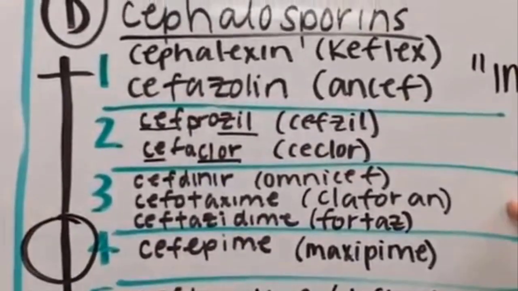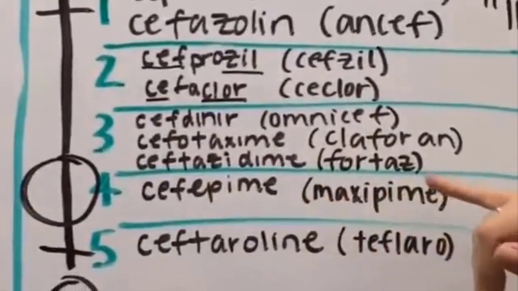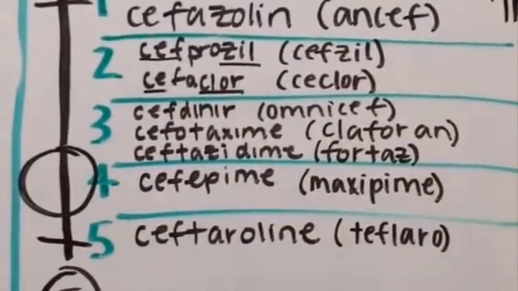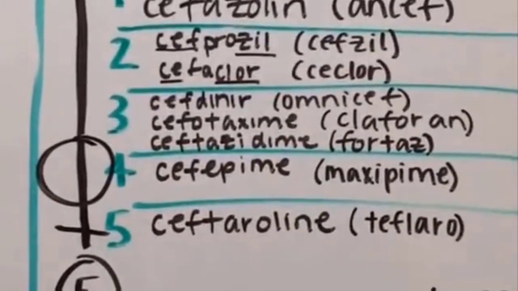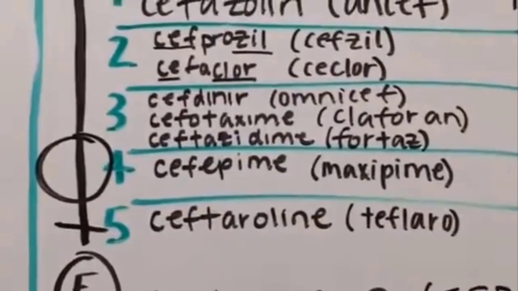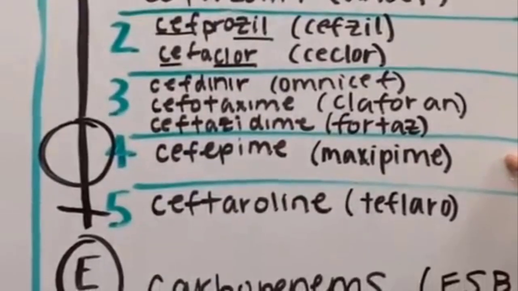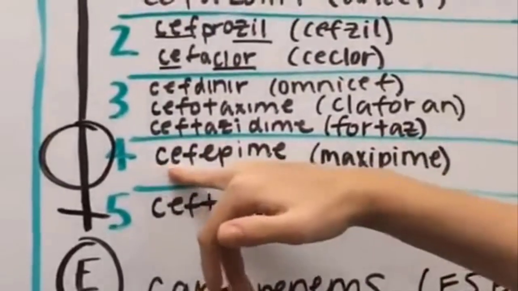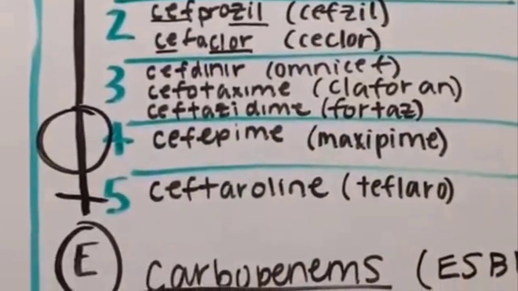And then our third generation, we have cefdinir, cefotaxime and ceftazidime. Yep, are 3. And then there's also another one, ceftriaxone, which I just didn't include because of spacing issues on the board here. Then our 4th generation, the main one that we're going to focus on is going to be cefepime. And then the last one is ceftaroline.